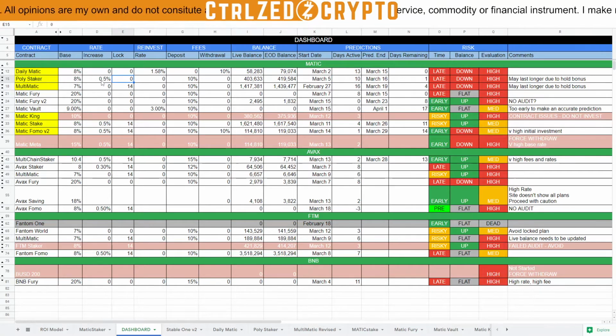So you'd expect that to go down in a linear fashion, not a sharp drop like we've seen on some of the lock-in ones. And I've said it may last longer due to the hold bonus, and I have the end date here on March 16, which is basically in the next 24 to 48 hours of operation. I'm expecting this to drop down.